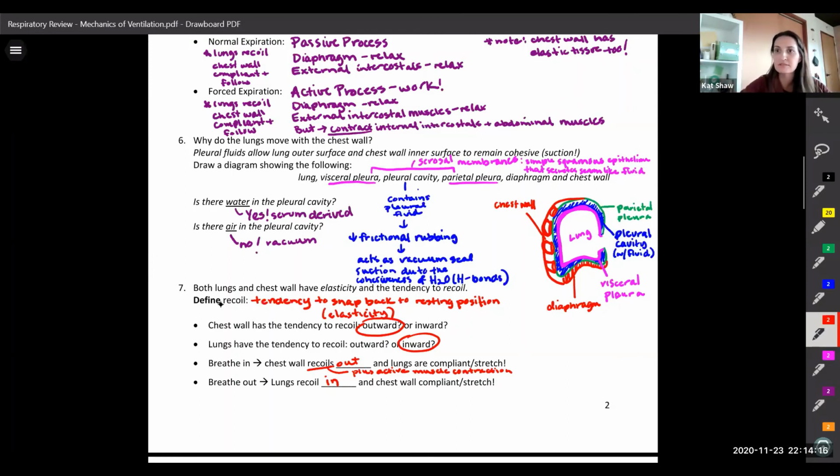Even without active contraction of muscle, just the elastic recoil due to the elastic tissue that's present will cause the chest wall to recoil out. And this can lead to what's referred to as barrel chest for an individual that has a collapsed lung. You see the chest wall recoiling out as the lung has collapsed in once we break that suction, that vacuum seal.